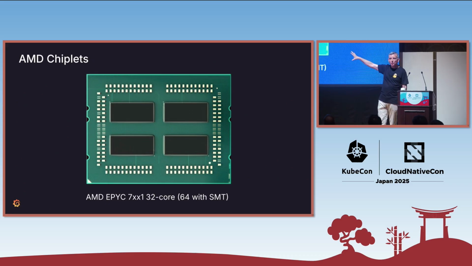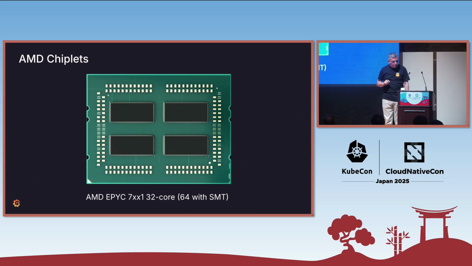So that's physically what it looks like. And basically all chips are going to go this way. This is what they're doing to get more power out of chips. So this is the hardware explanation, the extremely low-level view. Each one of these things has a memory controller on it.